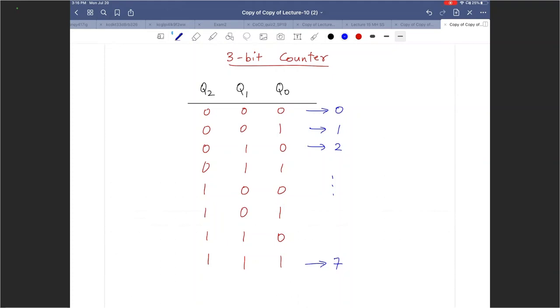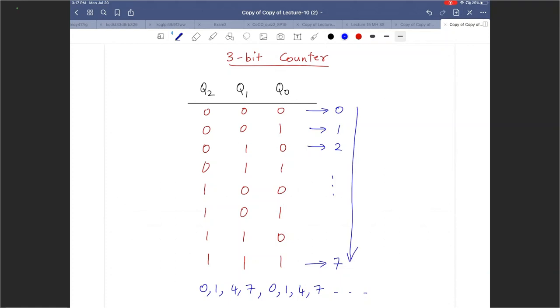But counters can come in various different forms. They can, for example, just go 0, 1, 4, 7, back to 0, 1, 4, 7, and so on. So the counting sequence doesn't have to follow the traditional way of counting.